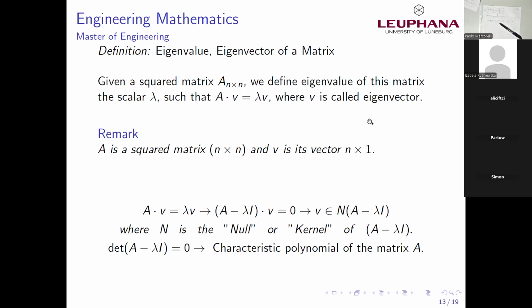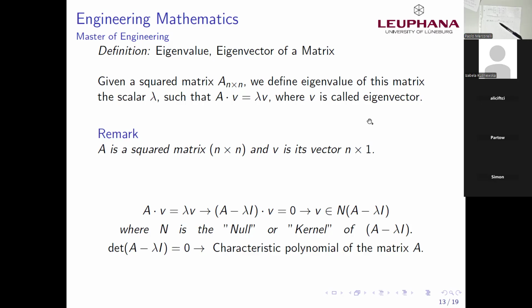We define the eigenvalue, let me say singular, of this matrix, the scalar lambda, such that A multiply V equals lambda V, where V is called the eigenvector.